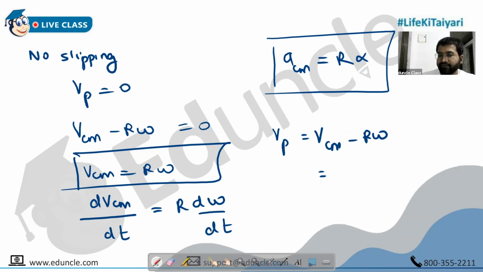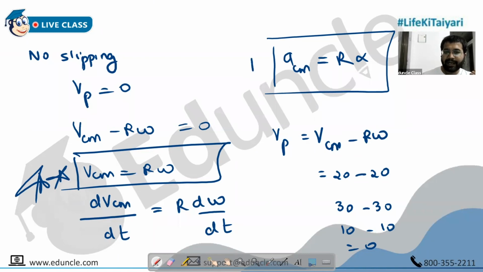Why? Because if VCM increases, then r omega will also increase at an equal rate. Suppose initially this is 20 and this is 20, because of which VP is 0. Now if VCM increases and becomes 30, then r omega will also become 30. If VCM decreases and becomes 10, then r omega will also become 10. The point is, the rate of change of VCM will be equal to the rate of change of r omega, because of which VP will always remain 0. And this case is known as the no slipping case. In no slipping, VCM is always r omega and ACM is always r alpha.